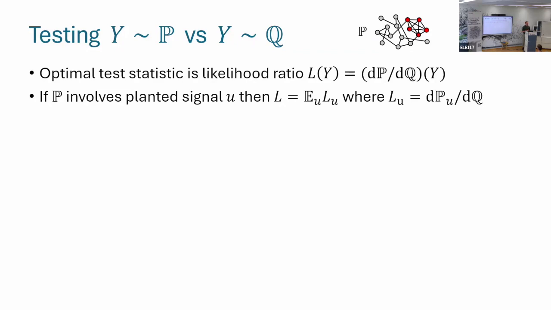Question: so you could not optimize the localization of the position of the clique once the graph is generated. Yeah, that's right. Here we're imagining that the clique location is chosen independently from the rest of the edges. Great. Other questions?